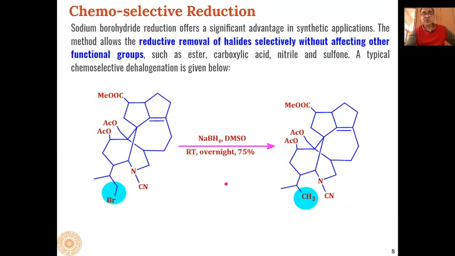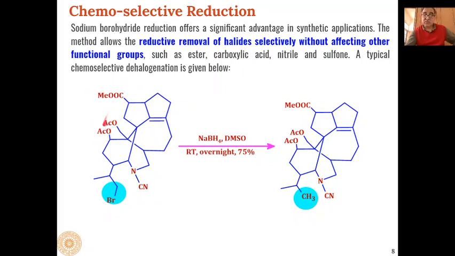Then for chemoselectivity, sodium borohydride reduction is also used for reductive removal of halides selectively without affecting other functional groups. So you can see in this molecule we have bromide, we have a carbon nitrogen triple bond, nitriles, acetates, then esters.